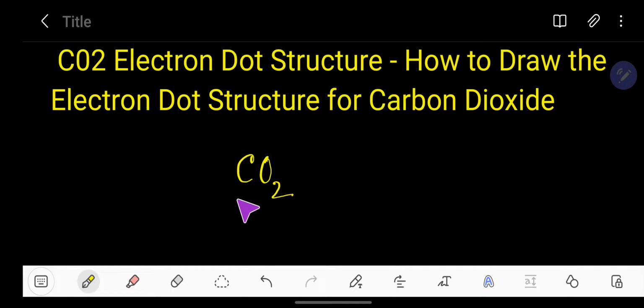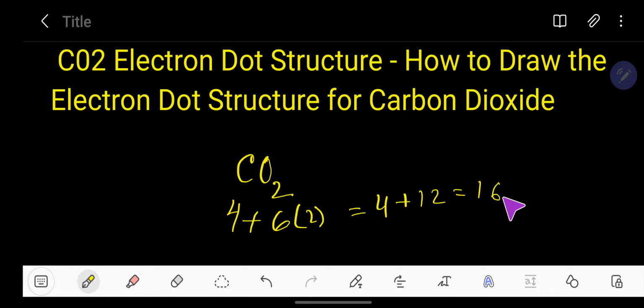element of group 4A, that is why it has 4 valence electrons, and oxygen is the element of group 6A, that is why it has 6 valence electrons. Basically we have 2 oxygens, so we have 4 plus 12, that is 16 valence electrons in total. These 16 valence electrons have 2 tasks at the same time.